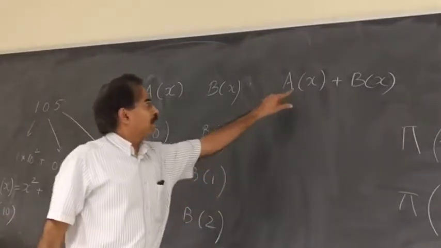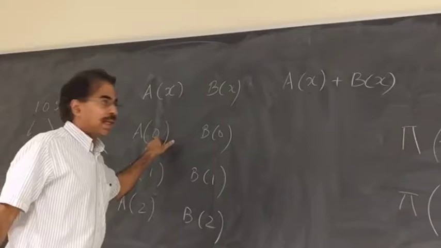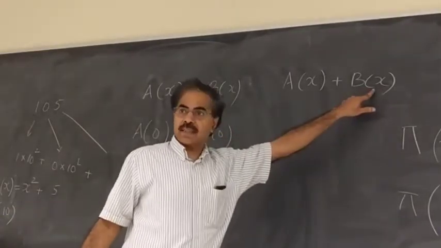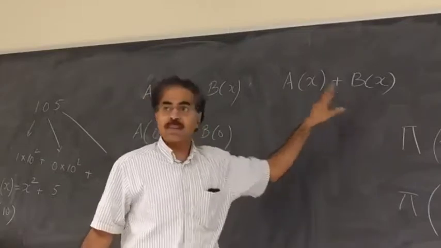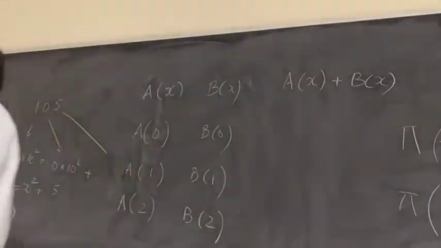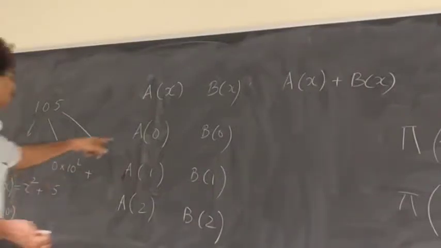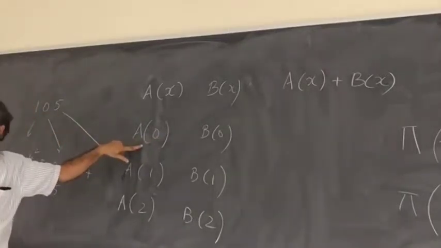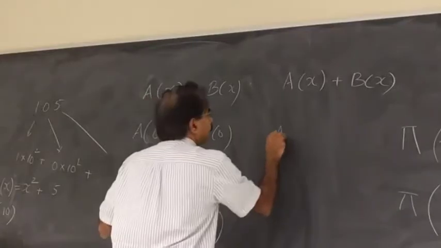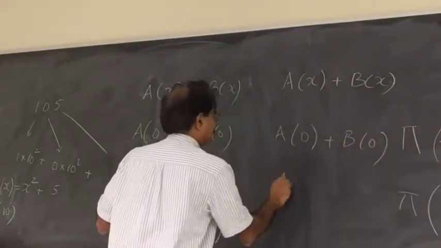You can evaluate a of x at the point 0 and b of x at the point 0 and simply add them. You don't have to do the polynomial addition first and then substitute the value of x. You can substitute the value of x and then do the addition. So the substituted values are already available here, and you just have to do a0 plus b0.